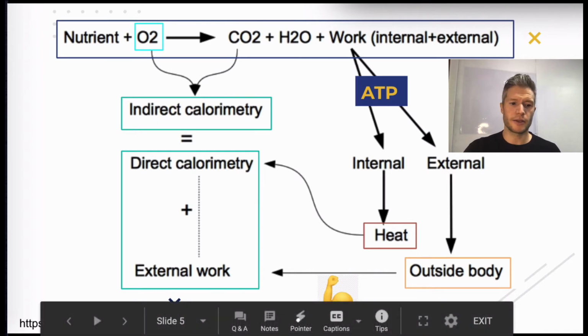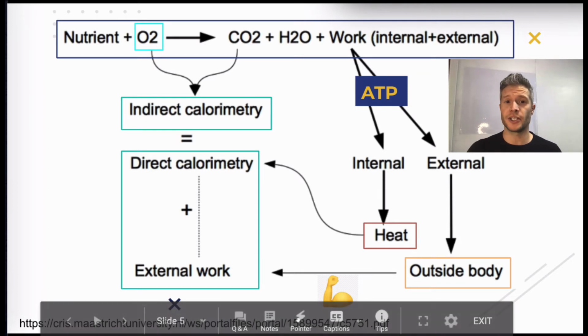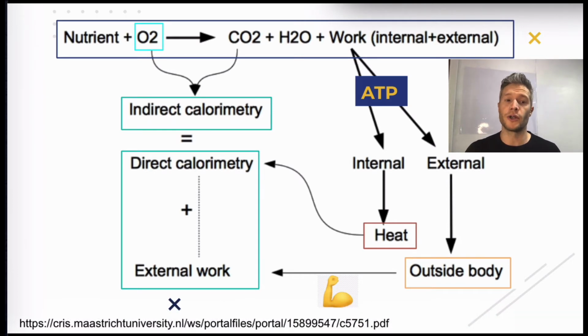So again, a few different ways that you can measure and account for all of the capacity to do work within the fundamental production of energy in our bodies, which is food and oxygen, into CO2, water, and work, ATP. Okay. There's a lot to digest there, so to speak.